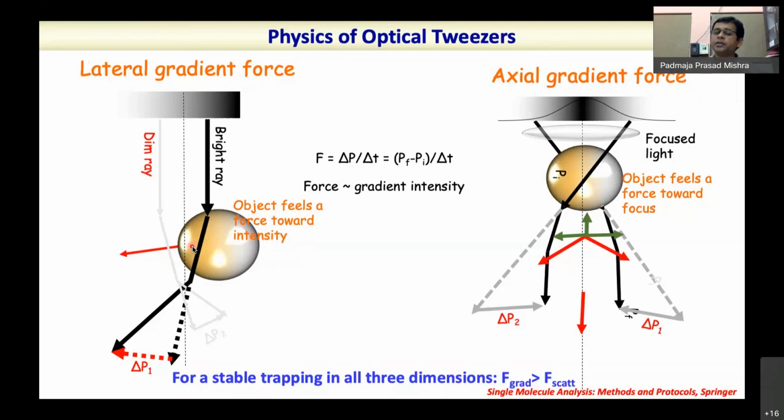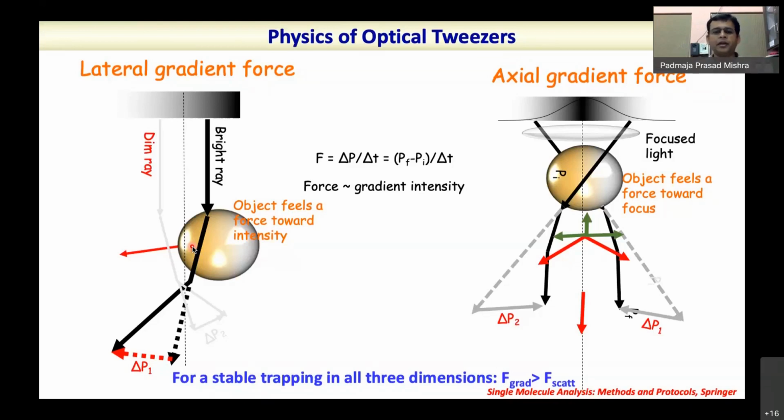And if the object is at one side of the gradient force, it will be dragged towards the center. If we combine all these things, irrespective of where the beam is, if the gradient force is higher than the other forces, and the net change in momentum is higher, that will be able to bring the particle to the focus and trap it there if it is not exactly at the focus, which is called stable optical trapping.